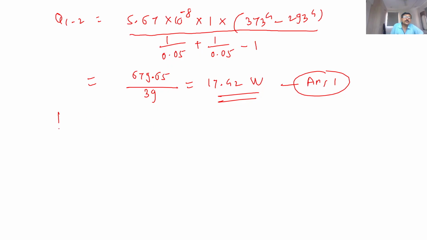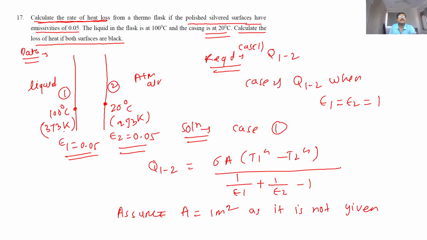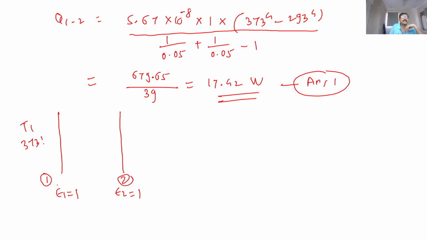Now in case 2, we have to solve the problem again. The inner surface of the thermos flask is 1, and the outer surface of the thermos flask is 2. As the radii are not given, I am assuming them as flat, but this time they have mentioned to assume they are black bodies. So epsilon 1 is 1 and epsilon 2 is also 1. What is T1? Same as before, 373 Kelvin.